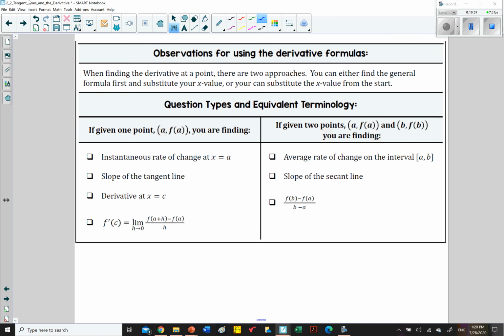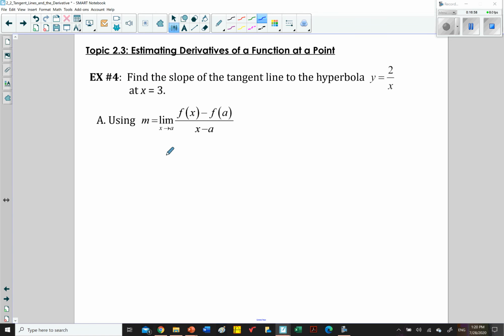If you're given a point and you're finding the instantaneous rate of change, we're going to do this. And if you're given 2 points and you're finding the average rate of change, we're going to do the slope of the secant line. So this side is slope of the tangent line, this side is slope of the secant line. And you just want to be paying attention to what they give you before you just start to work.